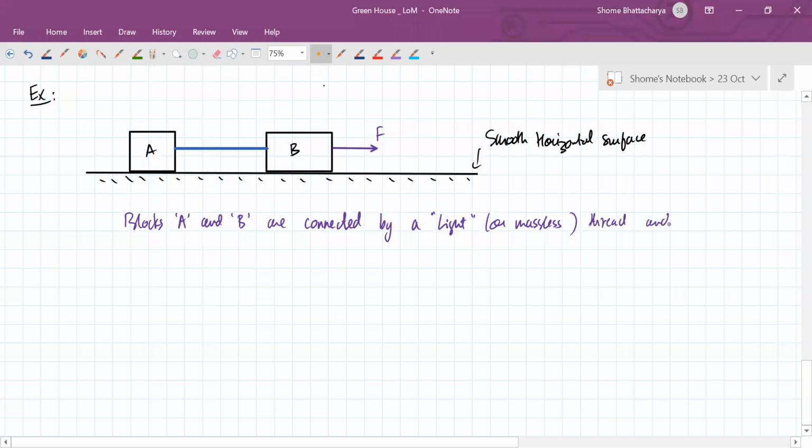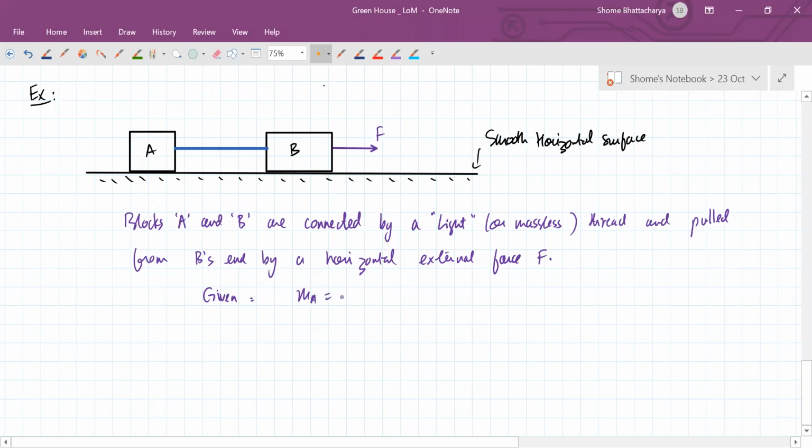and pulled from one end, from B's end, by a horizontal external force F. So now given that the masses of the blocks are, let us say, 20 kilograms and 30 kilograms, and the force we are applying is, let us say, 15 newtons.